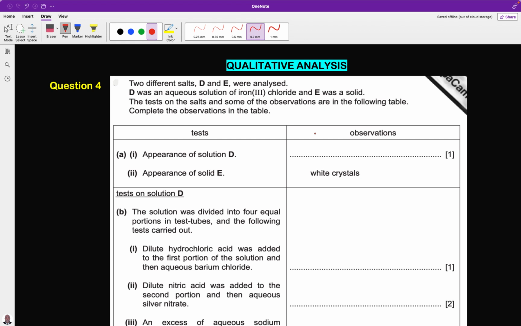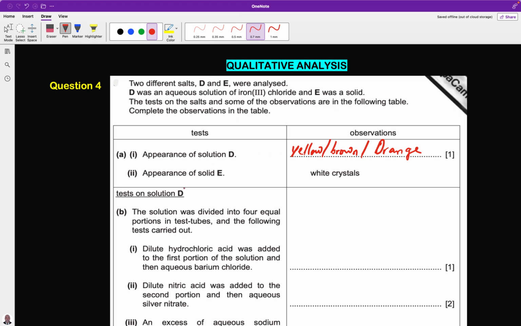The color is usually yellow, and depending on the concentration, it could be brown or orange. The appearance is usually yellow, brown, or orange, depending on the concentration.